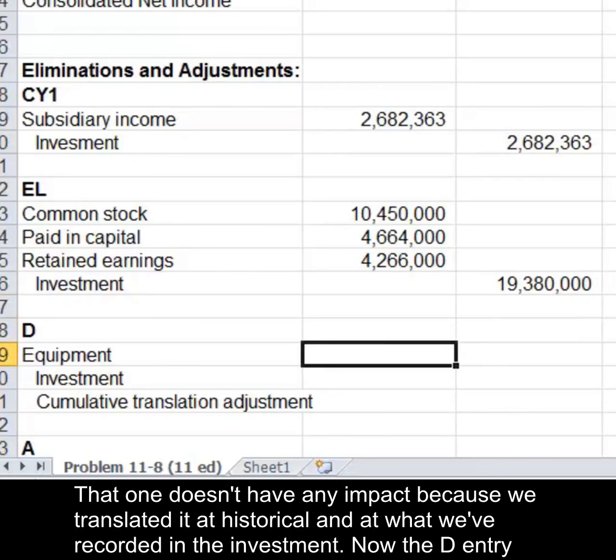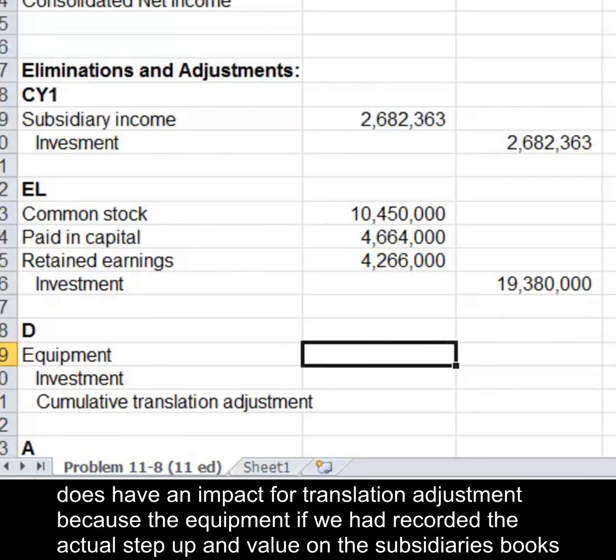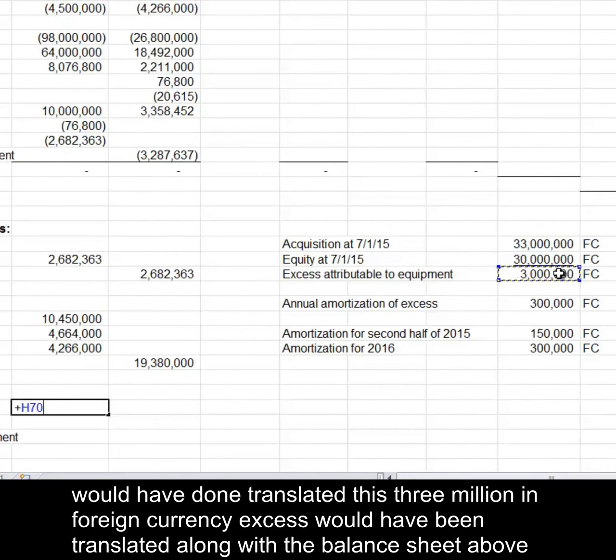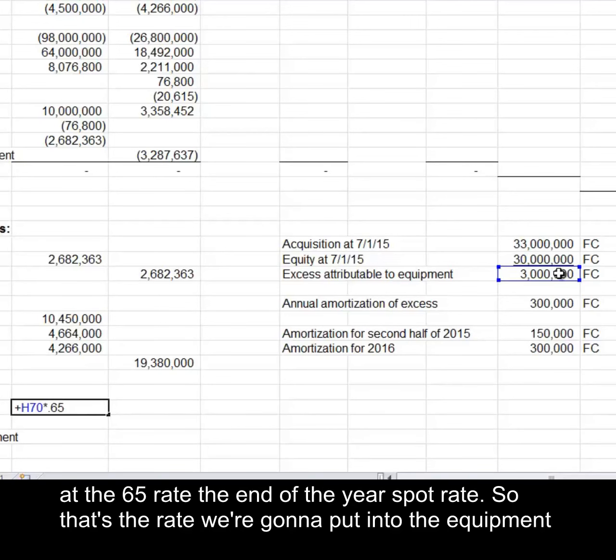Now the D entry though does have an impact for translation adjustment because the equipment, if we had recorded the actual step up in value on the subsidiary's books, would have been translated. This 3 million in foreign currency excess would have been translated along with the balance sheet above at the 65 rate, the end of the year spot rate.